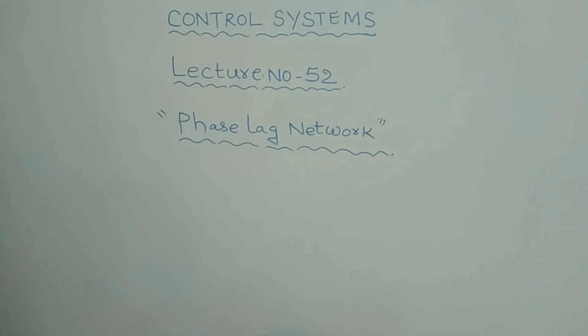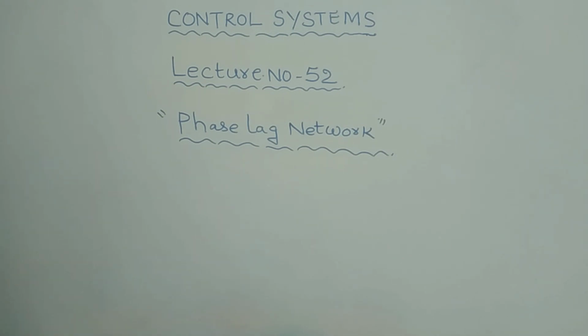We are discussing compensator circuits which are widely used in control systems applications, and as we discussed in our previous presentations, in industrial applications these compensators are required in order to improve the steady state response of the control system, right?